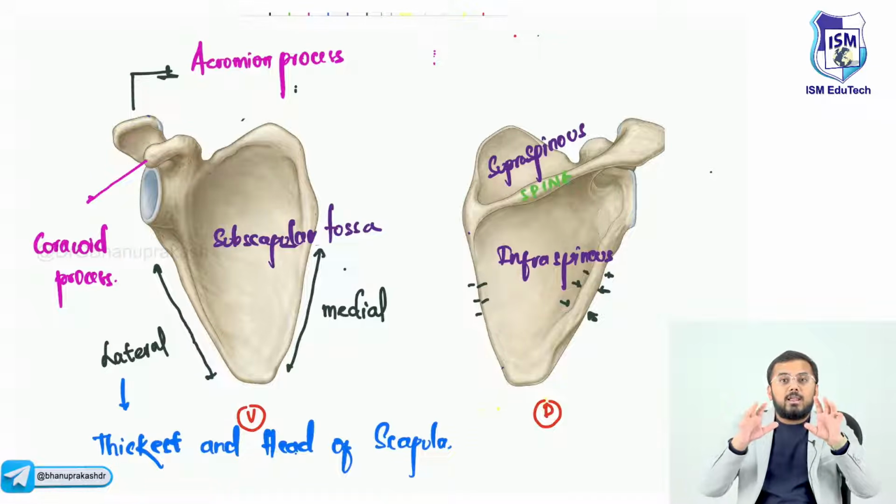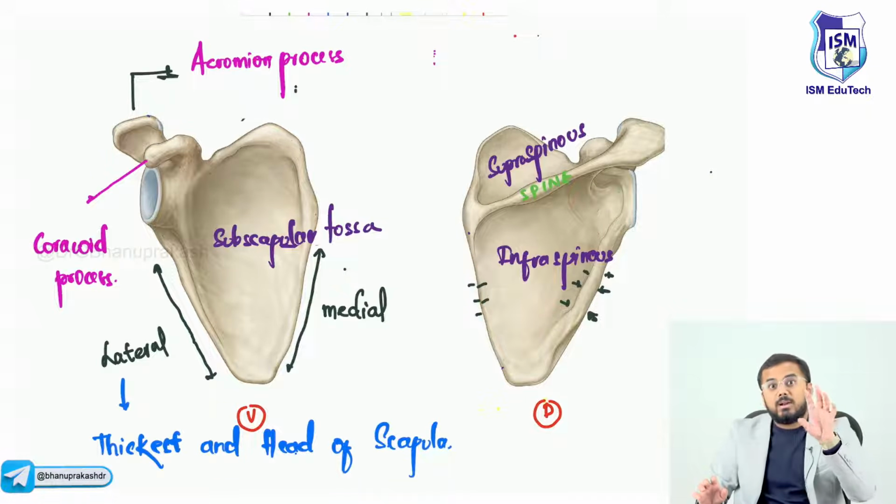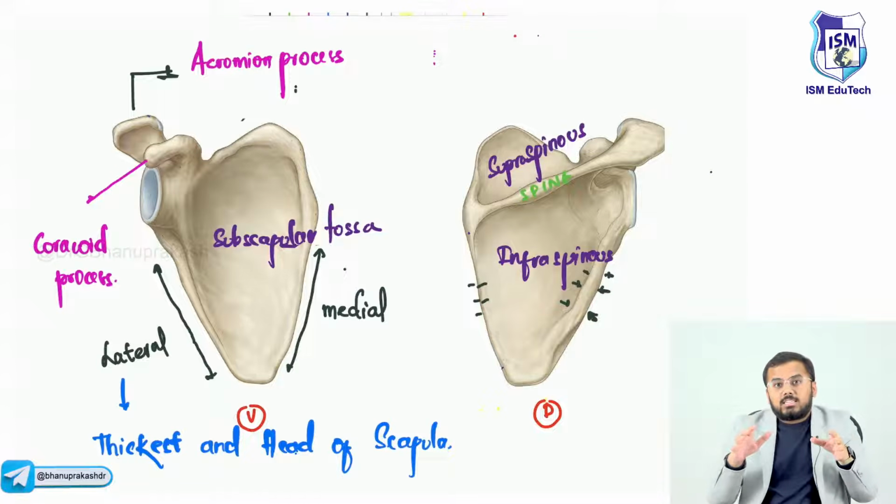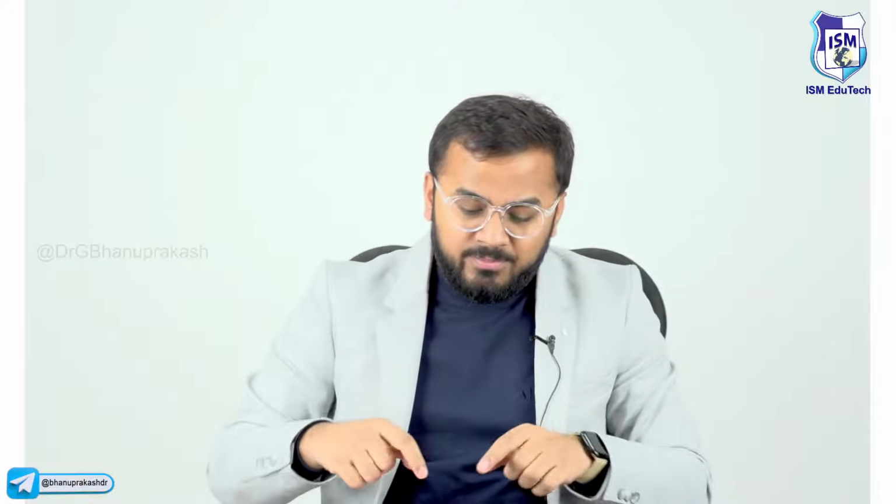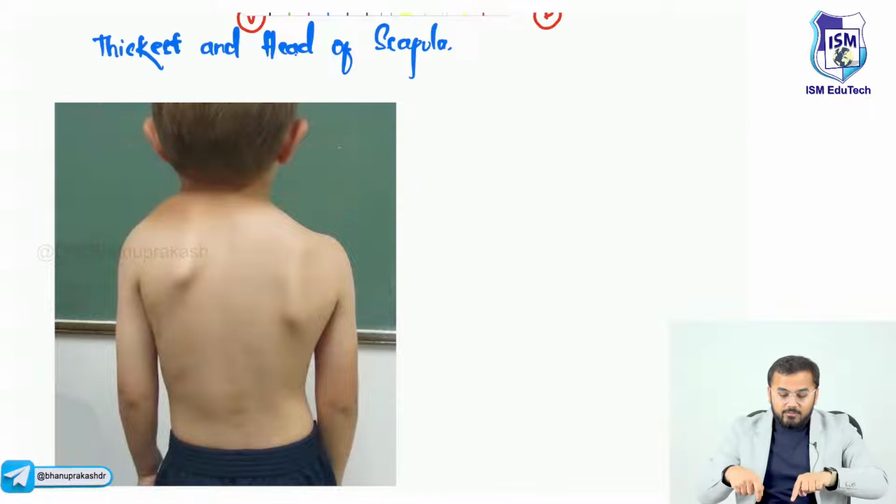Out of two scapulas, one scapula will descend down normally, but the other scapula will not descend down. So it will stay in the neck itself. If you look at the picture, one scapula is down and one scapula is up like this. Yes or no? All of you just look at this picture over here.